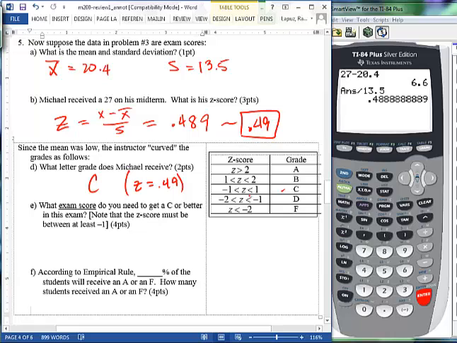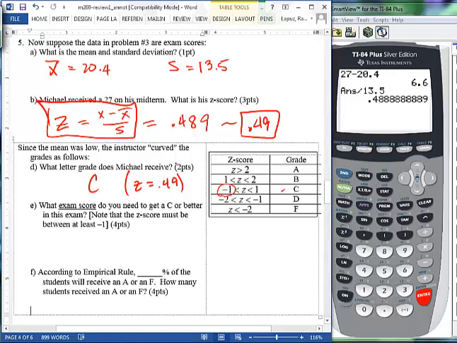What exam score do you need to get a C or better on this exam? So the z-score must be at least -1. So we want to know what score you get to get a z-score of -1. In this scenario, you can put in values, or you can work backwards, or you can remember the formula.